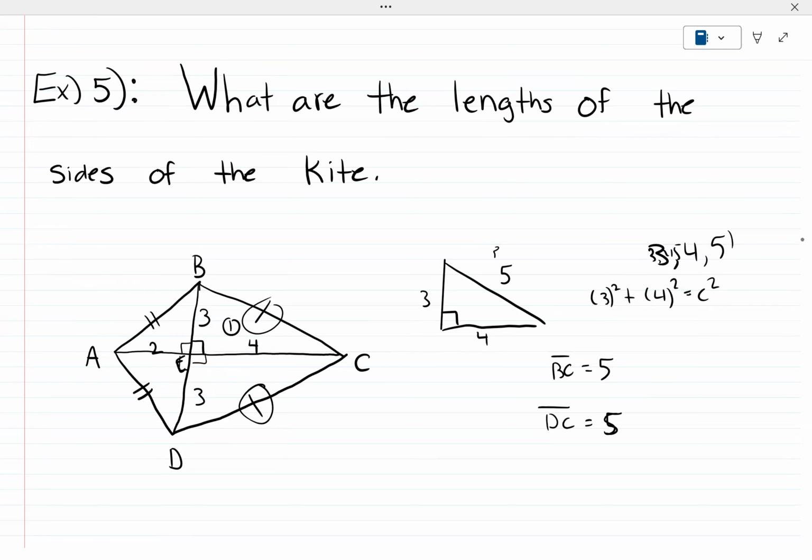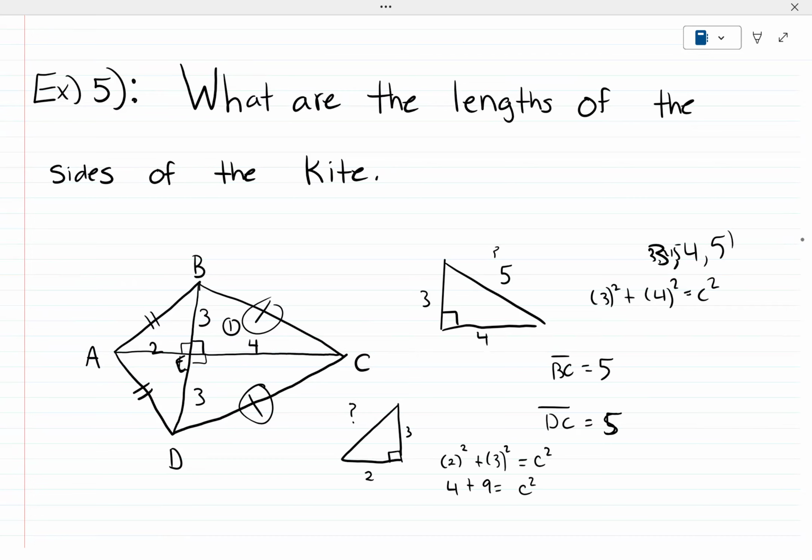What else? We don't know the length of AB, so let's draw that triangle. Here we draw a right triangle like this. This length here is 3, this length here is 2. I don't know the hypotenuse, but we can find out by doing the Pythagorean theorem. So 2 squared plus 3 squared equals c squared. 2 squared is 4, 3 squared is 9, so 4 plus 9 is 13, equals c squared.